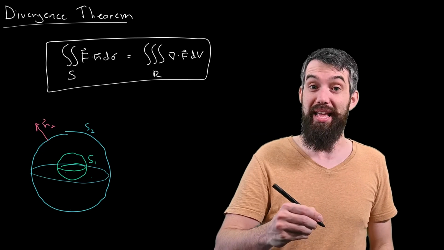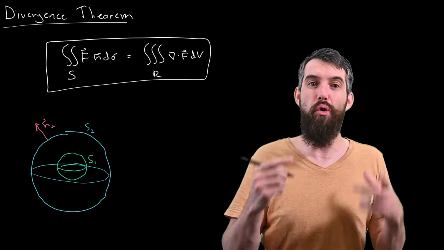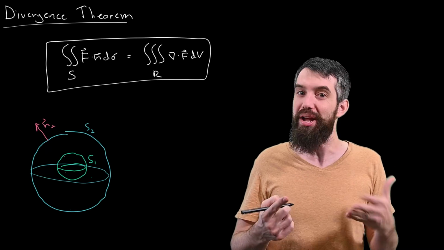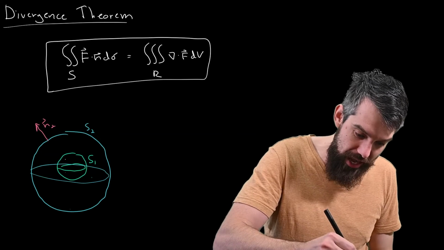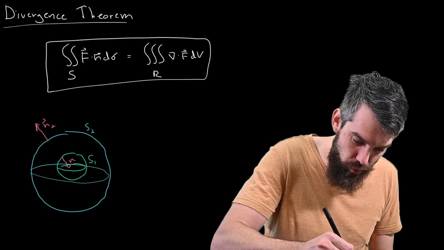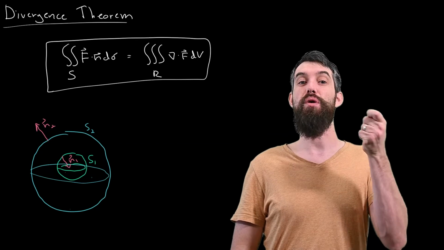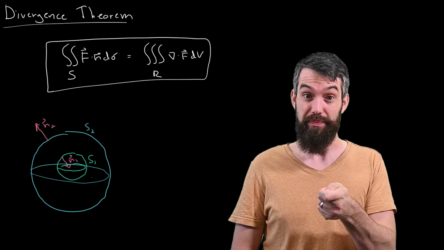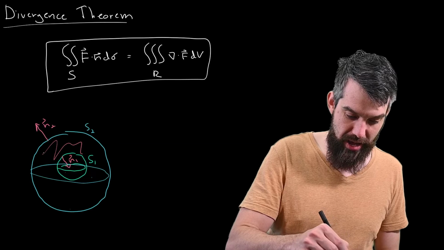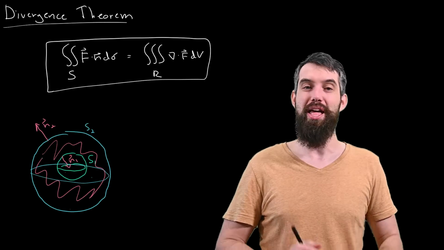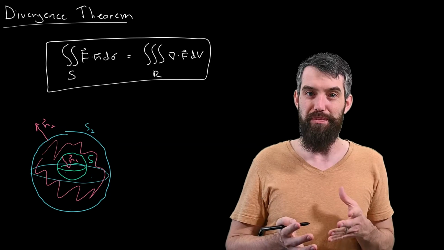On the inner surface, the outward normal of the domain I'm talking about, the space between these two spheres, would point in towards the origin. And I'll call that N1, the outward normal for the inside surface. And indeed, maybe I'll just shade in this region in the middle. That's the portion I'm thinking of for my volume.